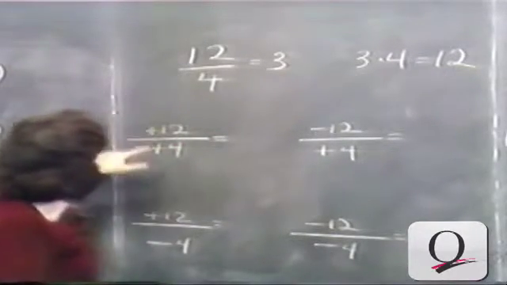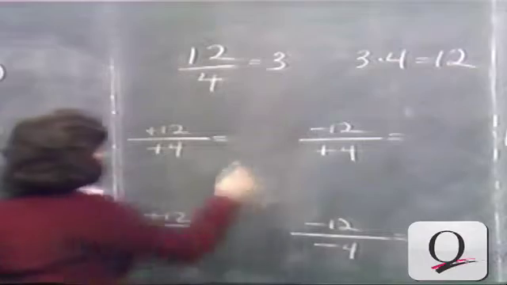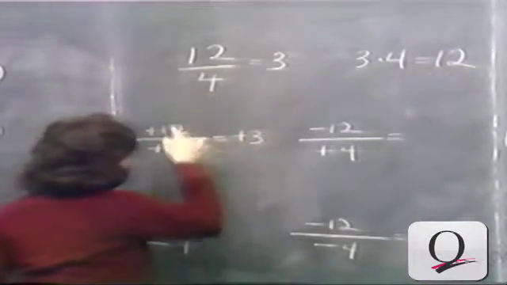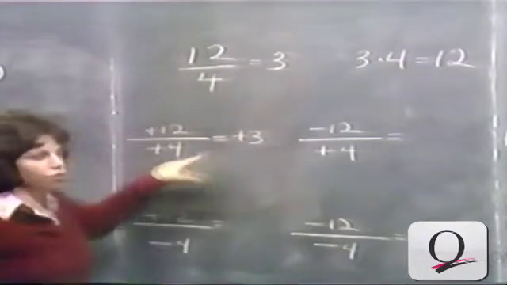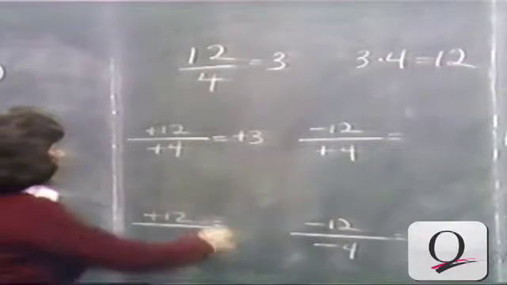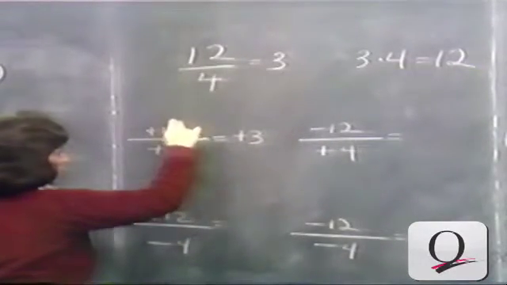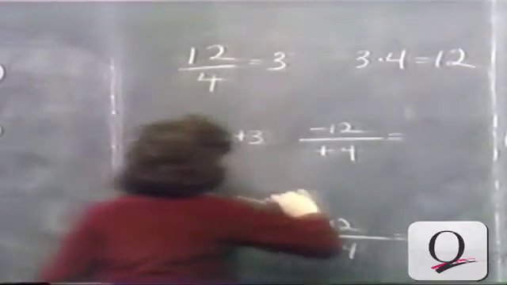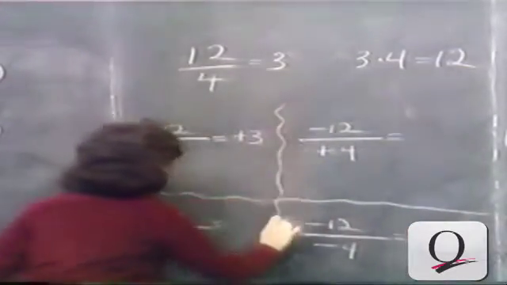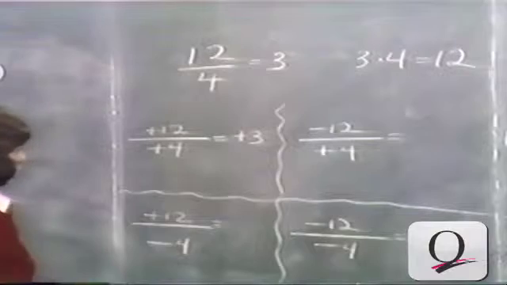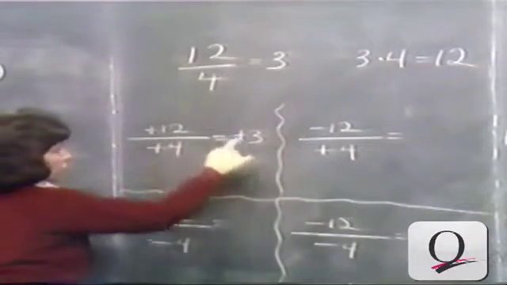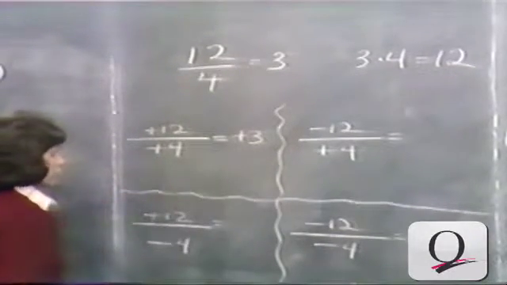Now, plus 12 divided by plus 4 must be equal to plus 3, since this is really the same as 12 over 4 is equal to 3. Notice that this checks out, since plus 4 times plus 3 gives you plus 12. 4 times 3 gives you 12, so this one is correct.